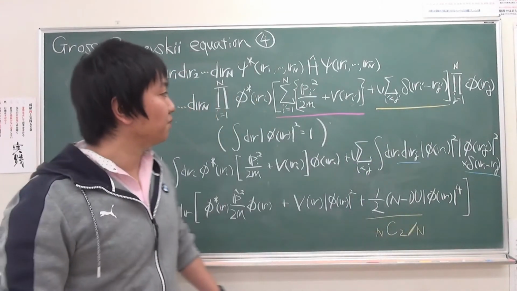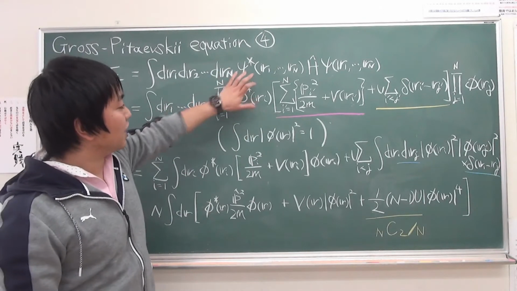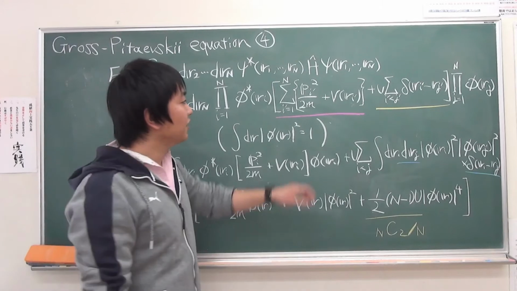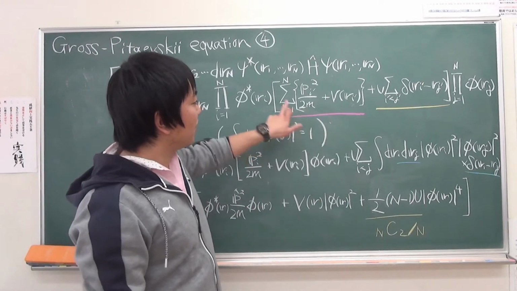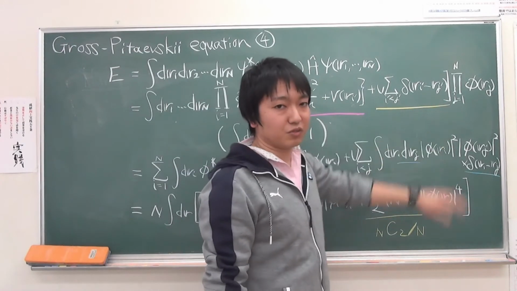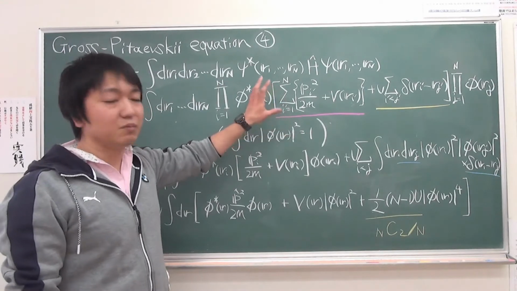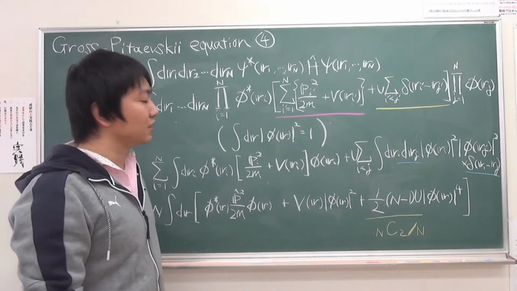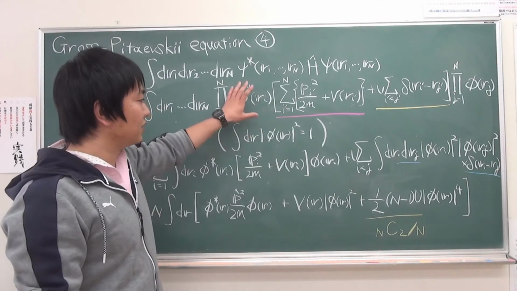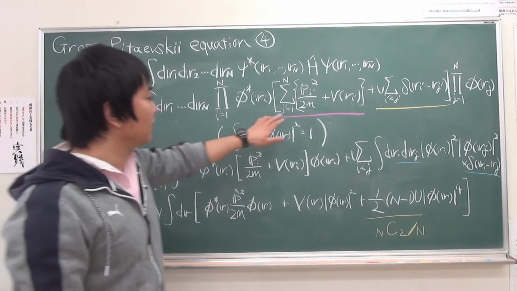Here, this is a single particle state. I mean, this is now a product of single particle states, and here this is the single particle energy term, and this is the interaction term. Actually, we can simplify this expression by using some simple argument.